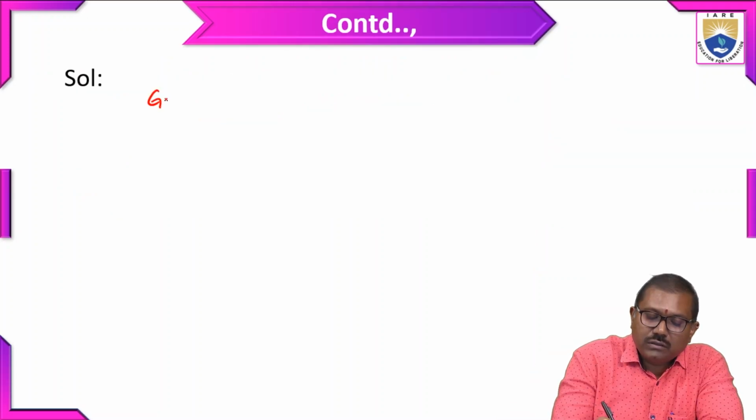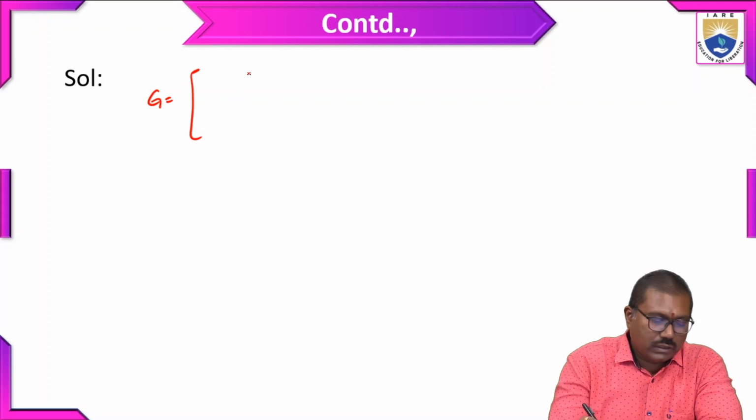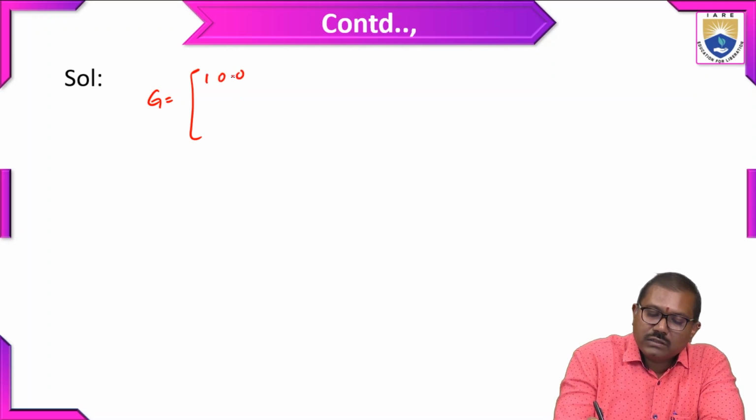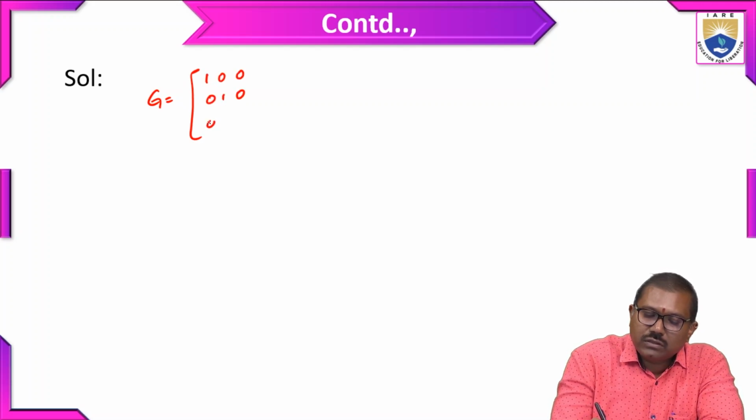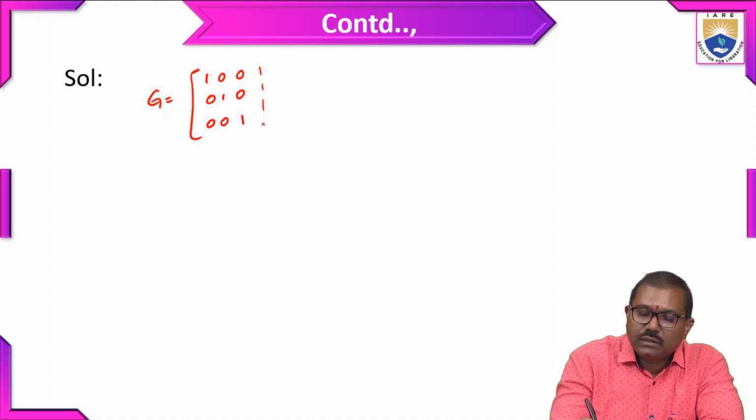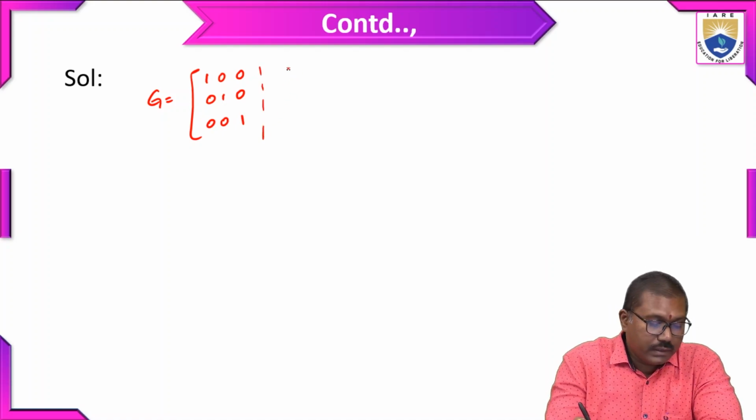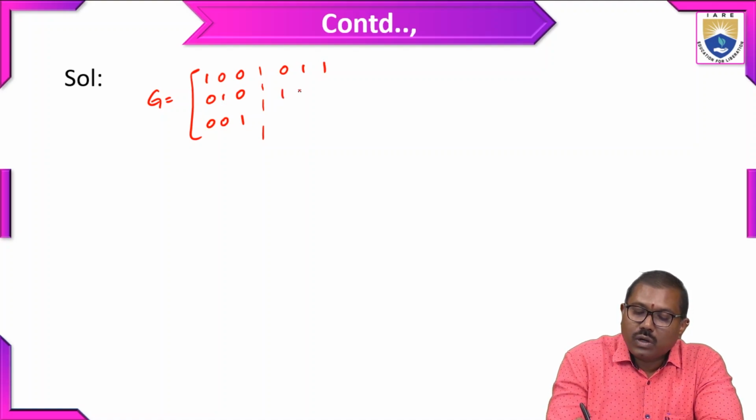What is my Z? Here I am going to write 1 0 0 0 1 0 0 0 1, augmented with P: 0 1 1, 1 0 1, 1 1 0.